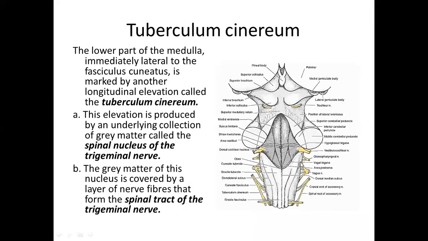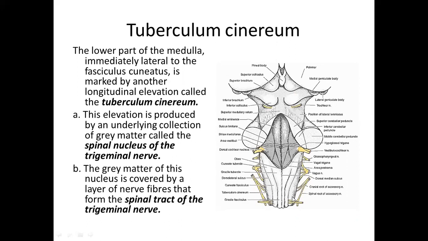Then is the tuberculum cinereum. In the lower part of the medulla, immediately lateral to the fasciculus cuneatus is another longitudinal elevation known as tuberculum cinereum. This elevation is produced by an underlying collection of gray matter called the spinal nucleus of the trigeminal nerve.